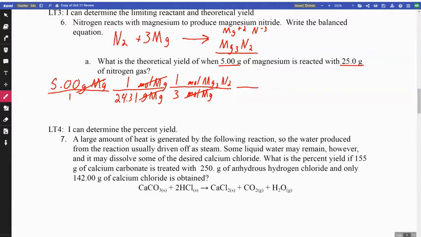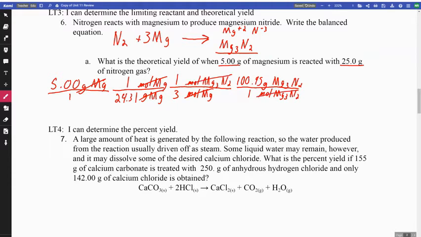That's not where we want to be, so another conversion factor. Moles Mg3N2 on bottom. Grams Mg3N2 on top. 1 in front of moles. Molar mass in front of grams, and that turns out to be 100.95.